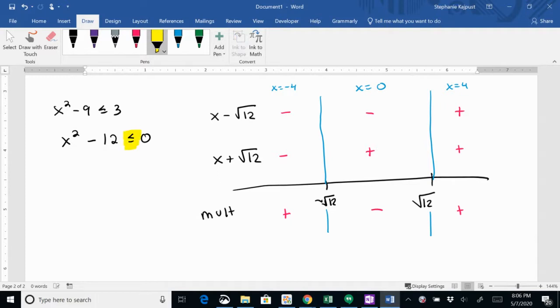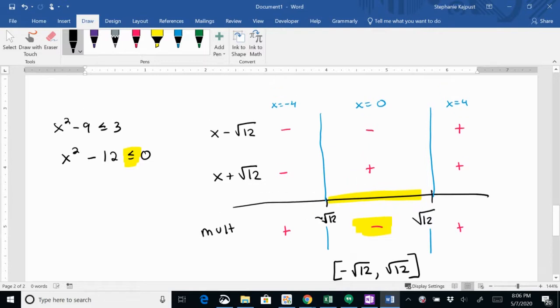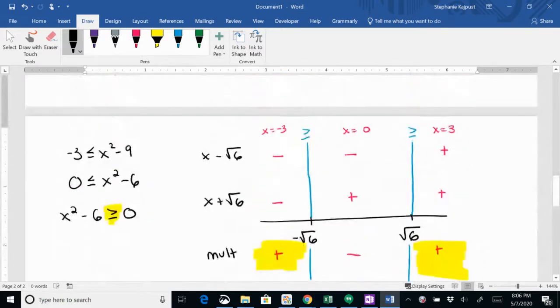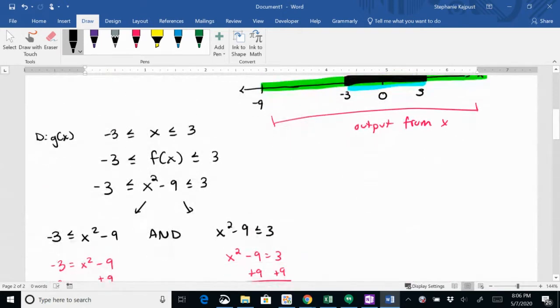Okay, we're looking for less than 0, so in this case, we want this area. And so we've got from negative square root of 12 to the square root of 12, which then I can simplify if I want. So I kind of rushed through the sign chart thing just because this is getting lengthy. Okay, so going back to this whole point.